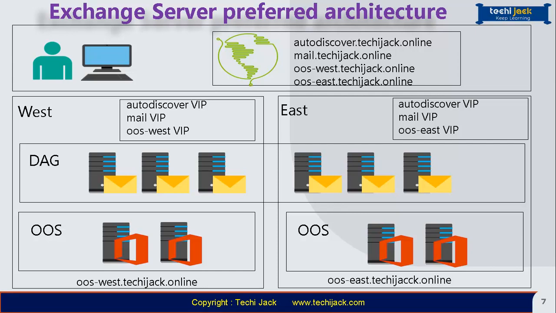Similarly, the East one will be east.mail.techiejack.online. This way the load will be divided between the two sites. In each site we have DAG members: in West we have three DAG members and in East we have three DAG members, and we are using geolocation DNS to manage the load.